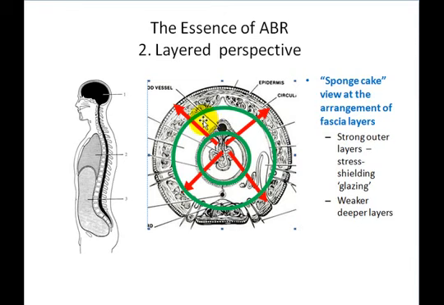That means they normally absorb all the deformation impacts that come at the body. So, continuing the sponge cake analogy, they work as outer glazing, whilst we actually want to address the weaker, deeper levels.